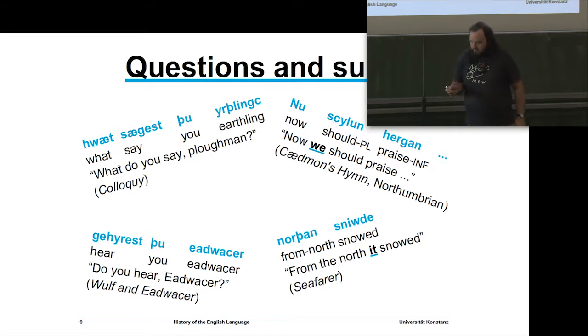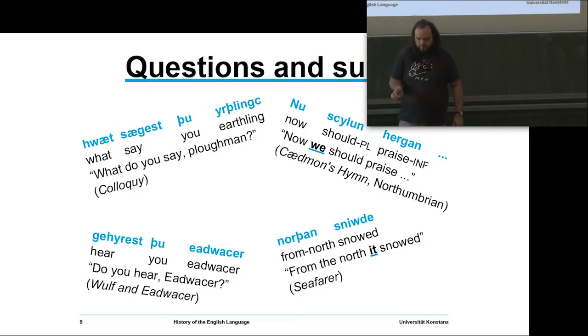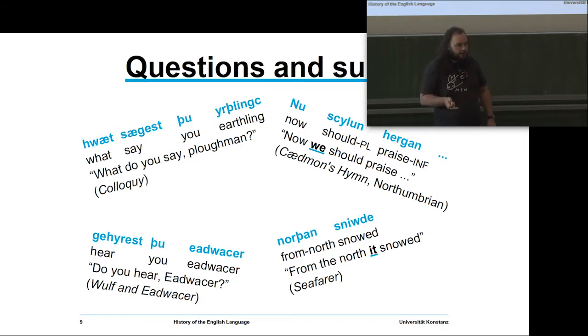Here, on the first top left here, we've got an example of a question. Was sagst du? What do you say? Now note the contrast there. In modern English, what do you say? The finite verb is do. In German, it's the verb say.